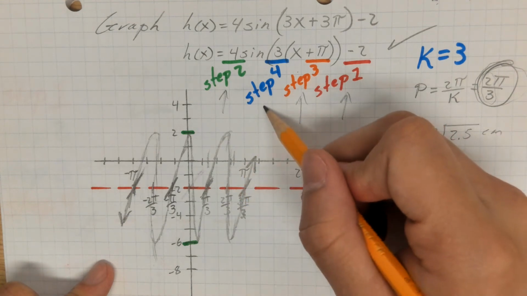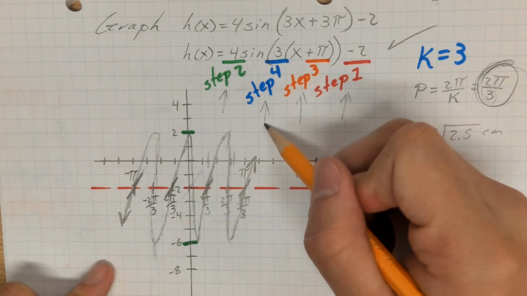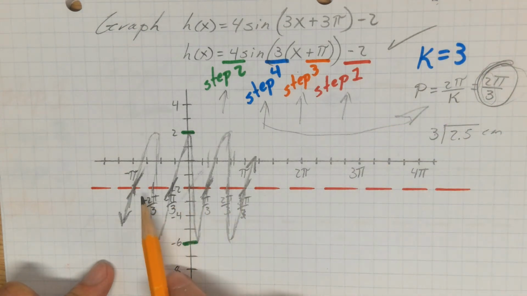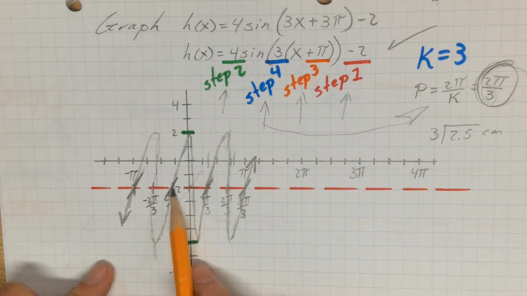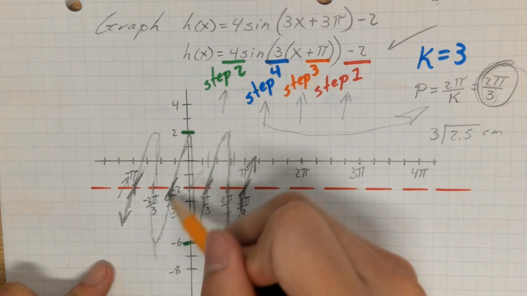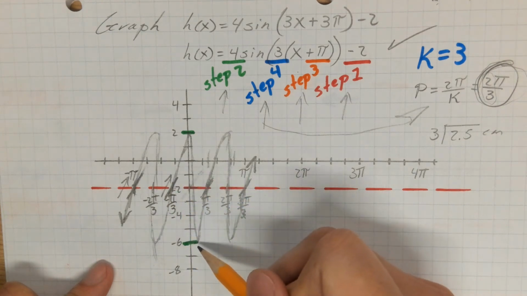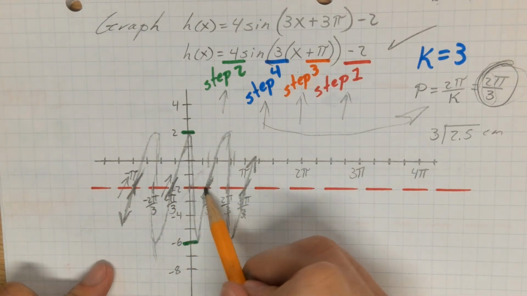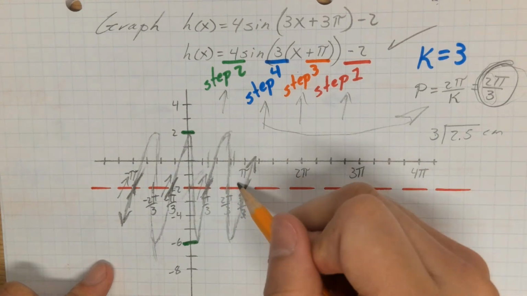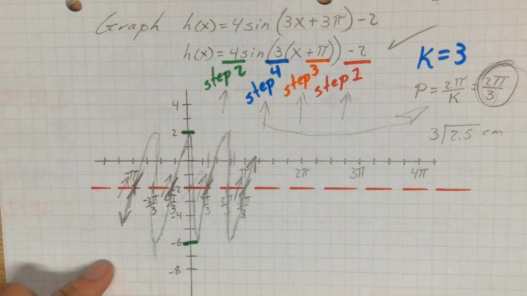And of course, my period is 2 pi over 3. Every 2/3 of pi, my graph is increasing. Another 2/3, you can see my graph is increasing. Another 2/3, you can see my graph is increasing. So technically this is how the graph looks, and this is how you would graph it.